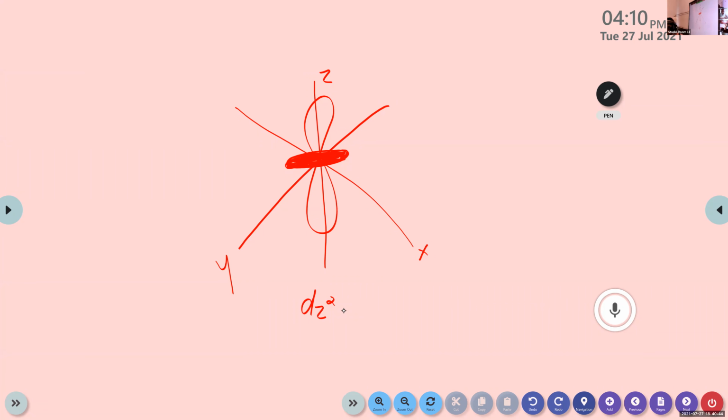So the 5 d orbitals are designated as dxy, dxz, dyz, dx square minus y square, dz square. That's important. These are the 5 d orbitals.